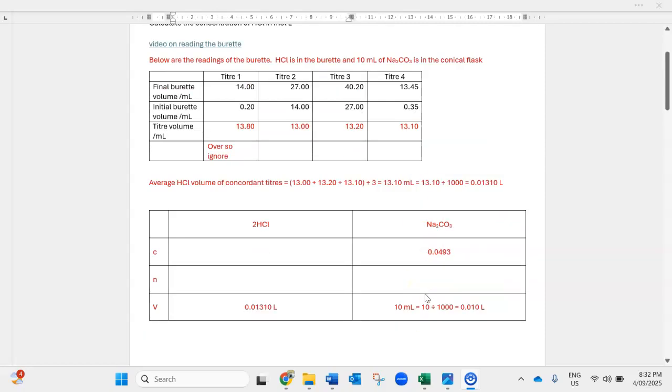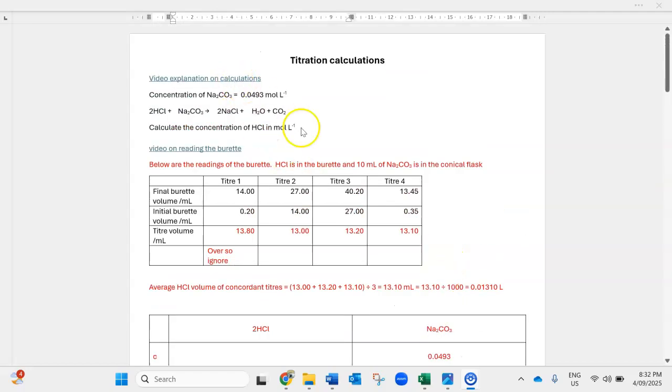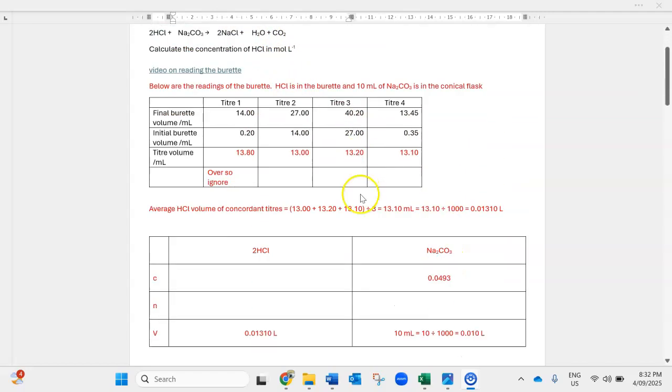And then we draw up this grid. Right now it just has the things that we know. 2 moles of HCl react with 1 mole of sodium carbonate. The concentration of sodium carbonate is 0.0493, because that's what we were told there.